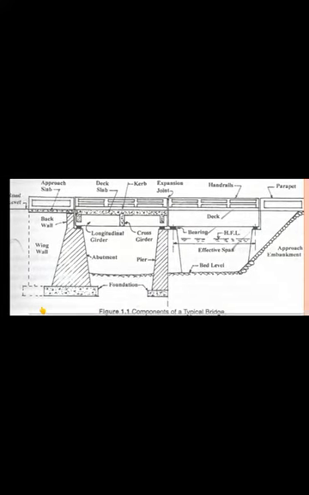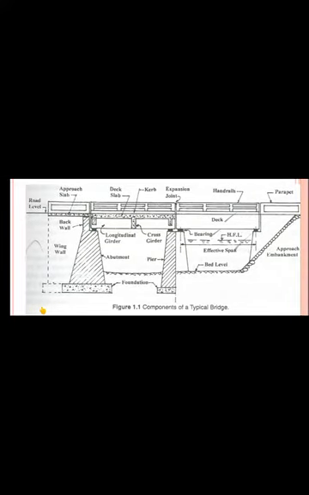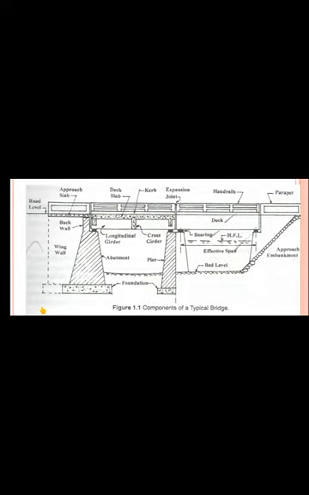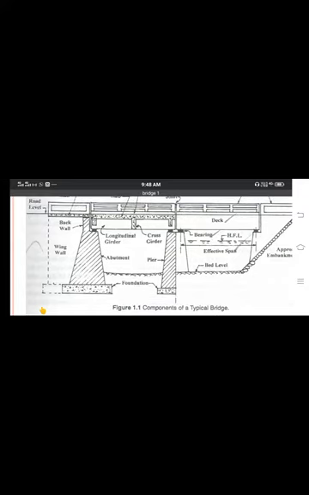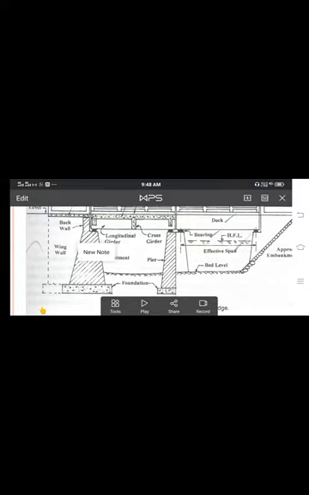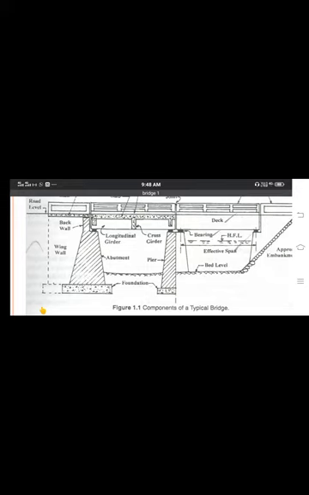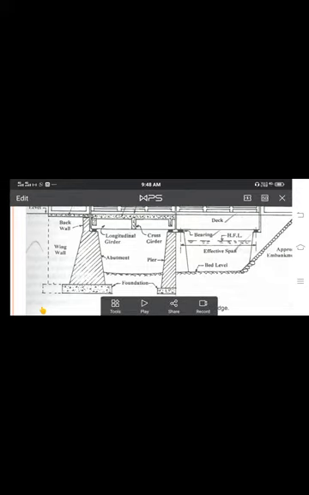This is the cross section elevation of your bridge here. This one is your abutment, and this is your pier. The difference between the abutment and the pier is that the pier has the spans.